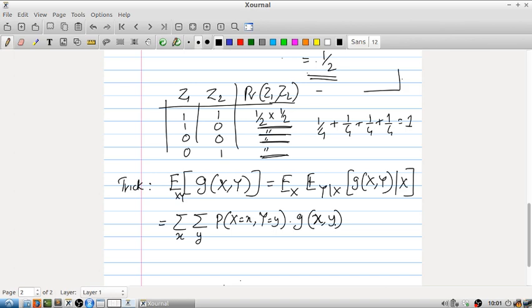So this is what this first term is, but we can actually write this as the sum over x of p of X equal to x, times the sum over y of p of Y equal to y given X equal to x, times g of x comma y.